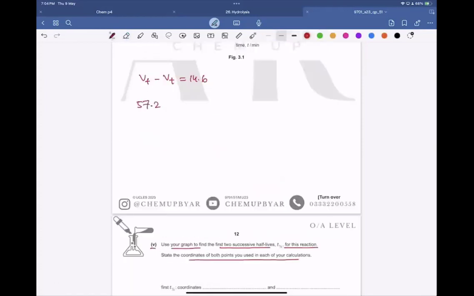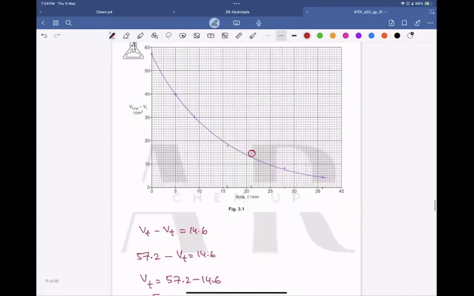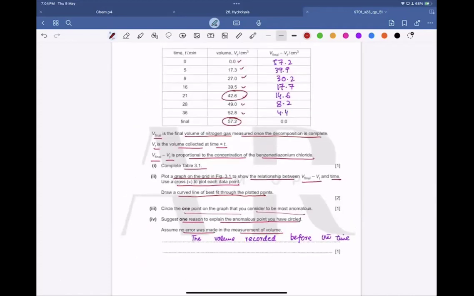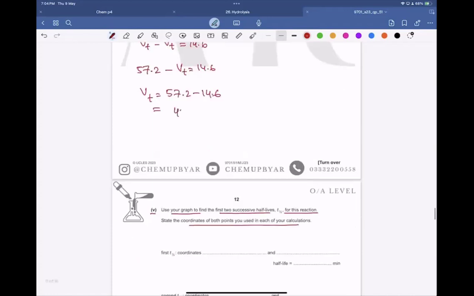So 57.2 minus the volume recorded at that time is equal to 14.6. So the actual volume recorded over here is 57.2 minus 14.6, and if you do this, it is 42.6, right?